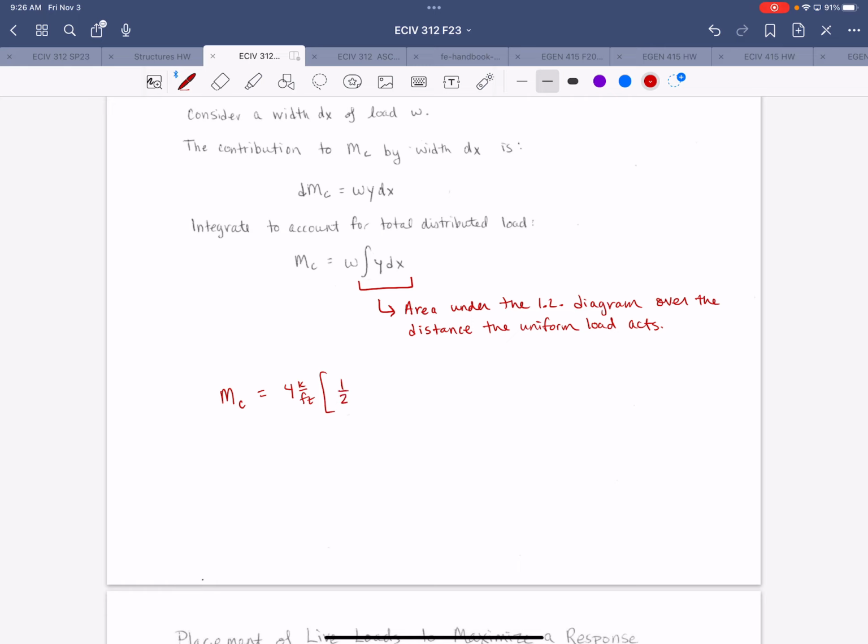So that's going to be just 1/2 times 15 kip-feet per kip times 30 feet. So that gives us 900 kip-feet.